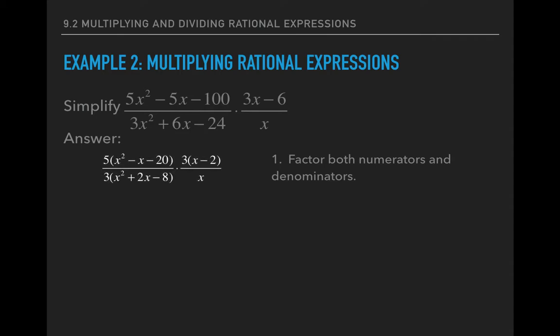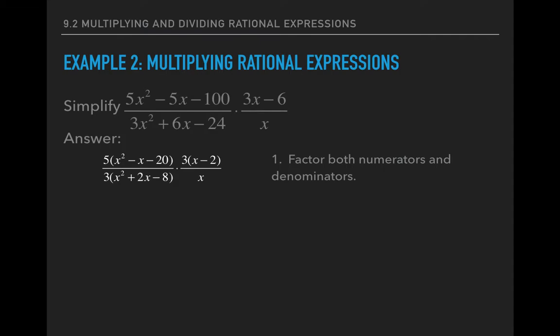For your first expression there, you can factor out a 5. It is a GCF. And in that first expression's denominator, you can factor out a 3. It is also the GCF. In your second expression, you can factor out a 3 as the GCF, and in the denominator, nothing can be done.